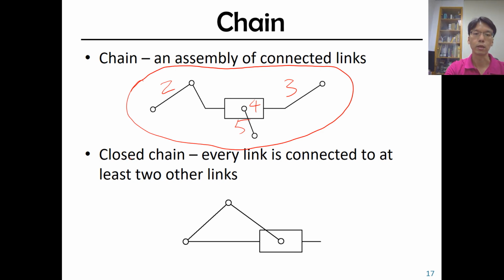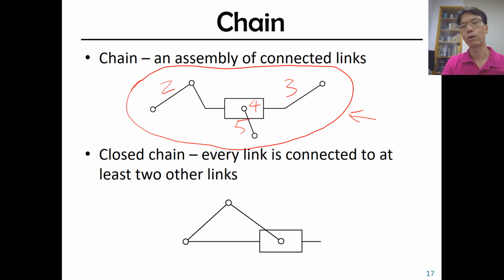And another one is a closed chain. For a closed chain, that means every link is connected to at least 2 other links. So for the top one, it's not a closed chain.